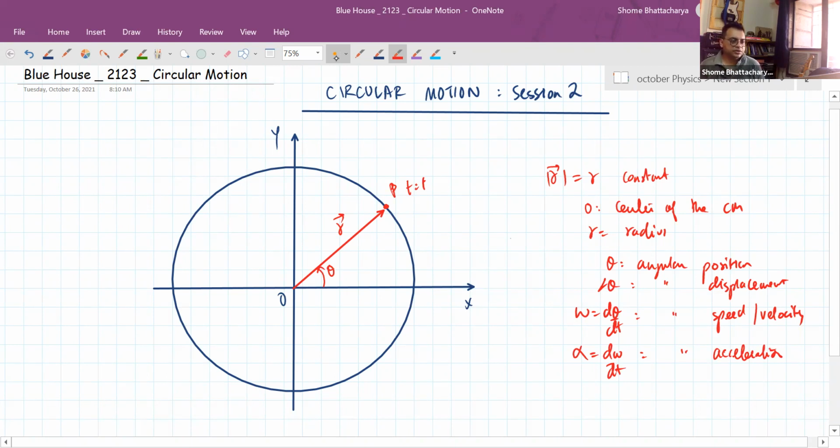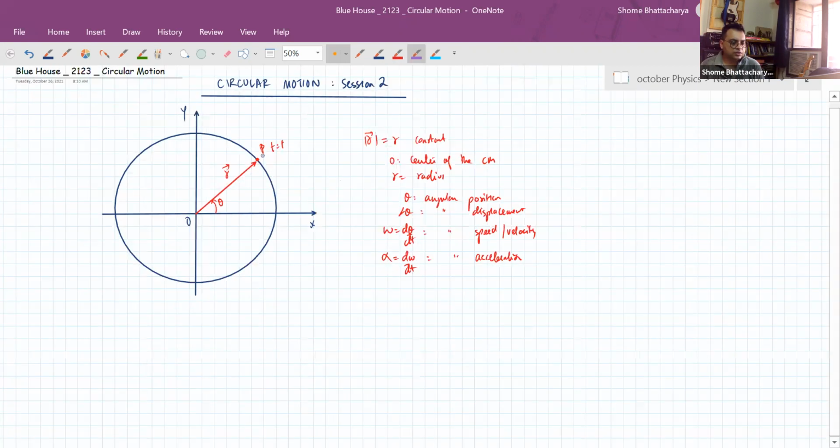The other thing we had seen is the two unit vectors, r cap and theta cap.